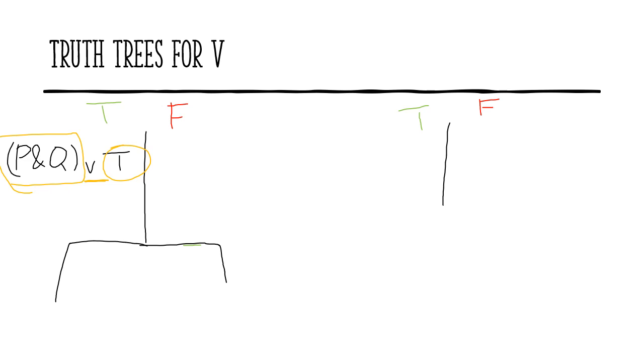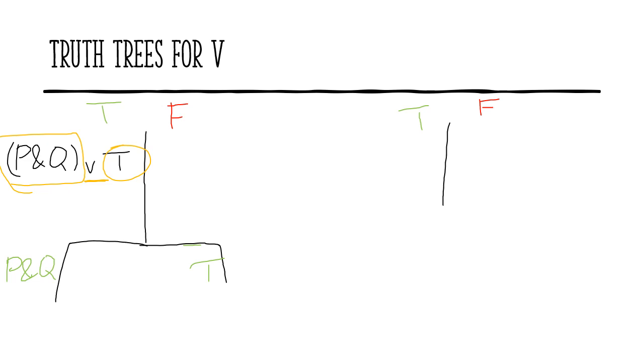What makes it a true statement? What makes P and Q or T a true statement? Well, it's wherever the left side is true or the right side is true. So we would put the P and Q here and the T here. Same thing as before. Remember that all we're doing is one operator at a time.